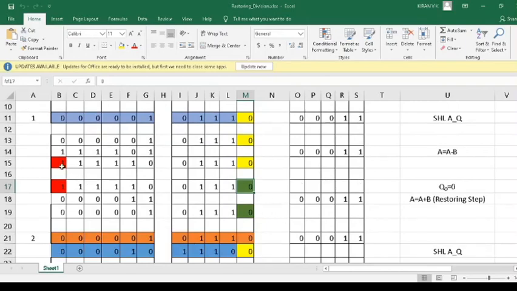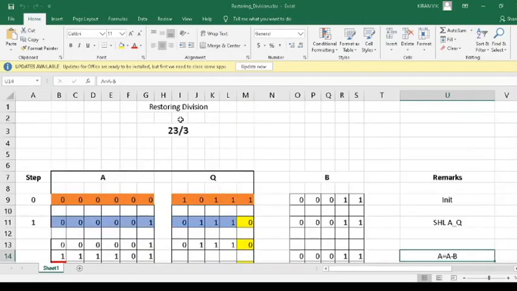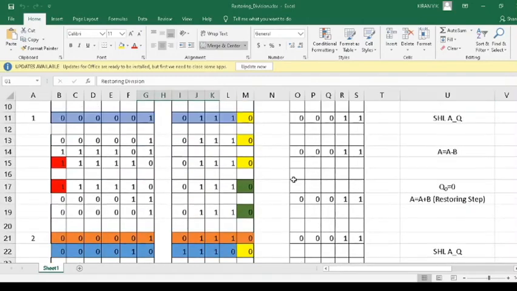Then we talked about one of the effects of A minus B's result being negative: fixing the tentative bit of the quotient as 0. Another after effect of the negative result obtained after A equal to A minus B is that we need to restore our dividend. That is the crucial step of restoring division.